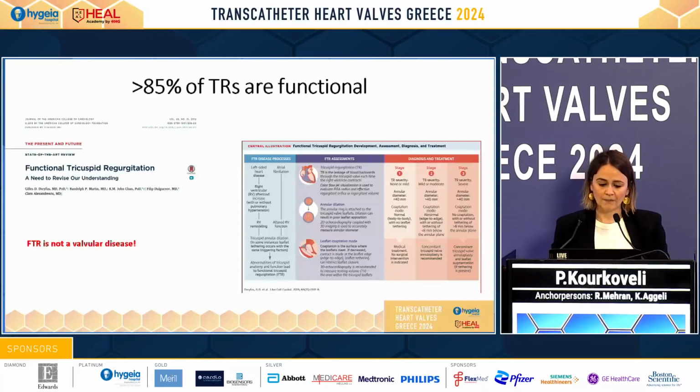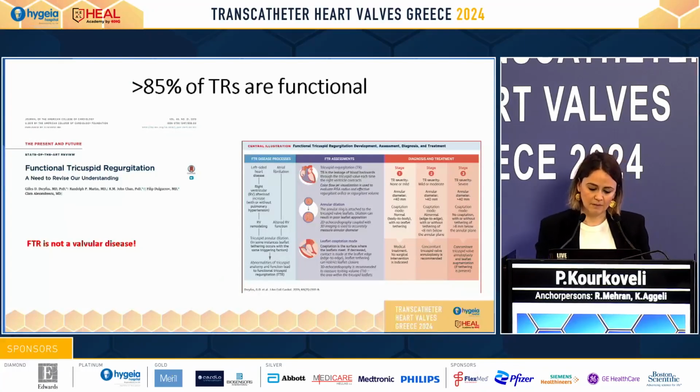In this paper published by Dreyfus back in 2015, the authors state the obvious: functional tricuspid regurgitation is not a valvular disease. It has different causes. As we said, left-sided heart disease that causes right ventricular remodeling affects the tricuspid annulus, but it can also be due to atrial fibrillation, the so-called atrial functional tricuspid regurgitation.